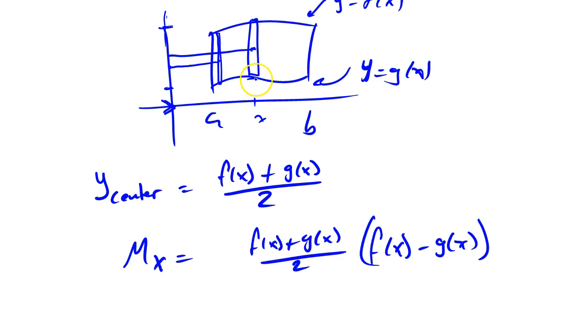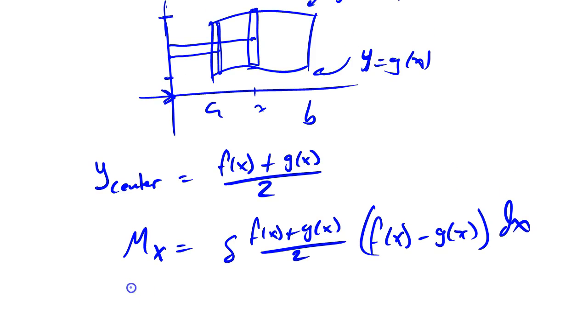The width is dx. And if you have a density function, then you would multiply by the density as well. And you do that for every one of the rectangles for x values between a and b. So there's all these rectangles, for every single value of x you've got one of these rectangles. And so you're going to add those all up all the way from a to b.